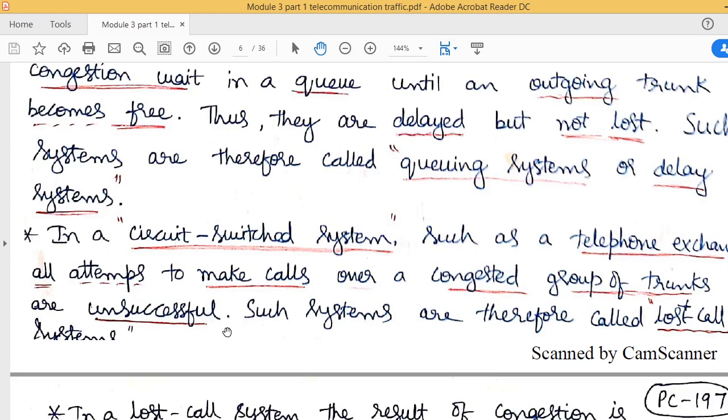We don't observe any success over those calls. Such systems are therefore called lost call systems, because calls are lost: all trunks are busy handling incoming calls, some calls are already in progress, and no additional calls are accepted.